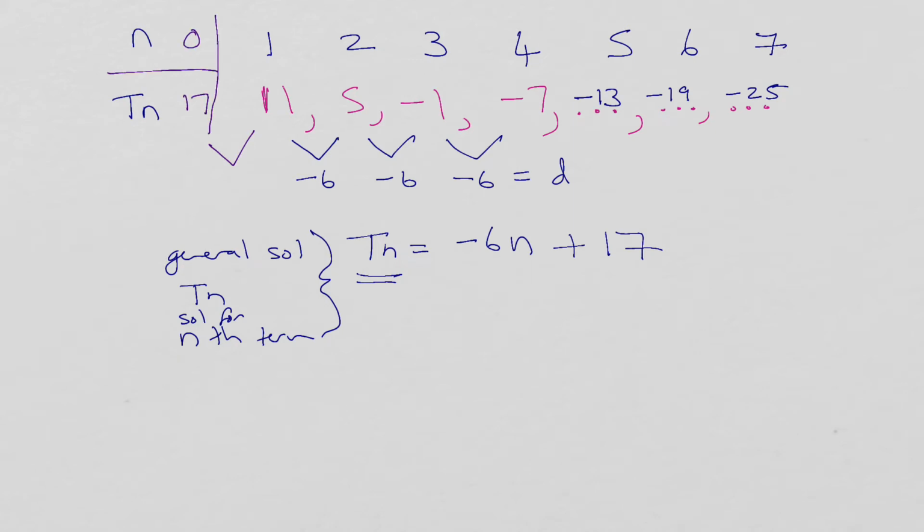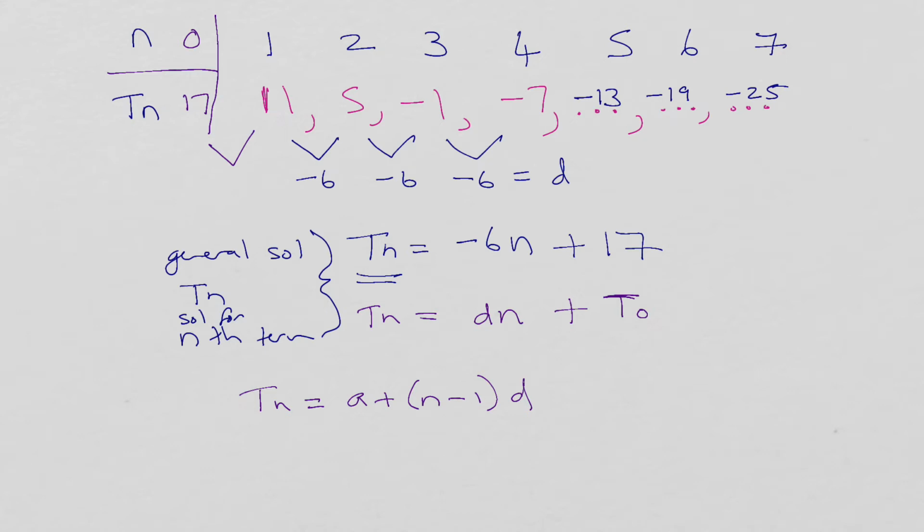If you want to, you can say the general solution is the common difference times n plus the 0 term. Or you can just think it out, common difference, right? Now this is the same formula as this one here. You need to know both because sometimes they're going to give it to you in this format, okay? They are exactly the same thing.